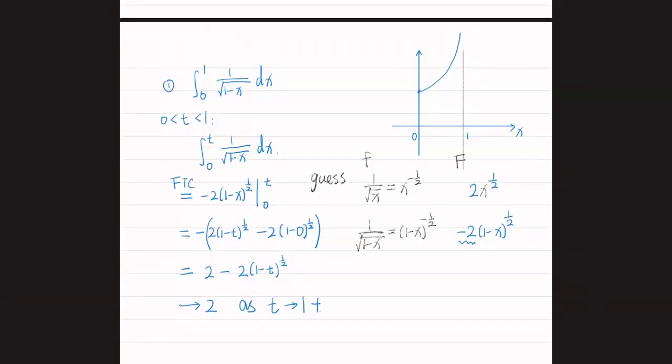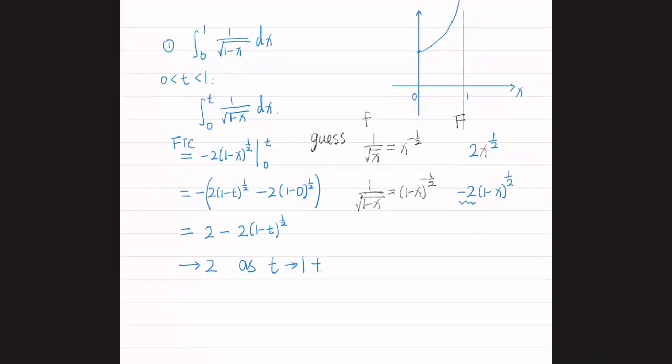Okay, now we go back to the initial integral. This function is not continuous at 1. When x approaches 1, the value goes to infinity. So it's not continuous at this point. However, we found the integral from 0 to t. After we found this integral, we take a limit, and we get a finite value.